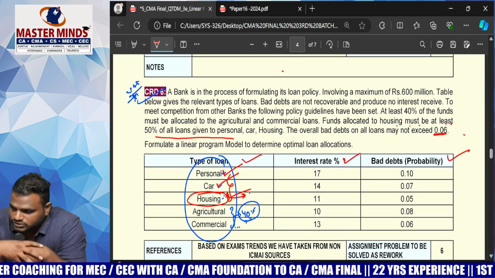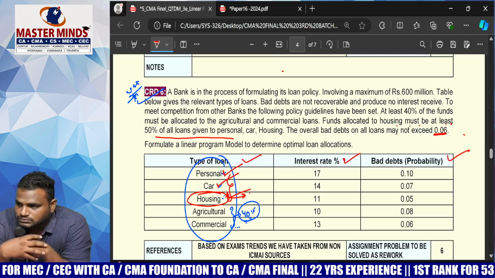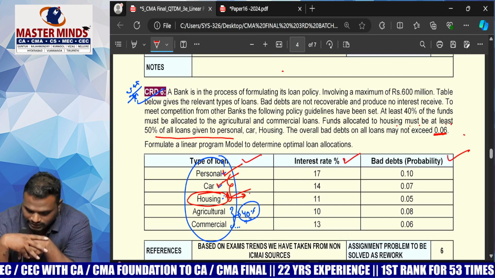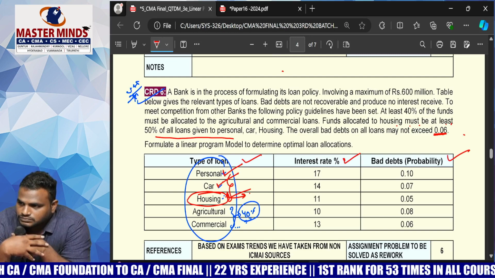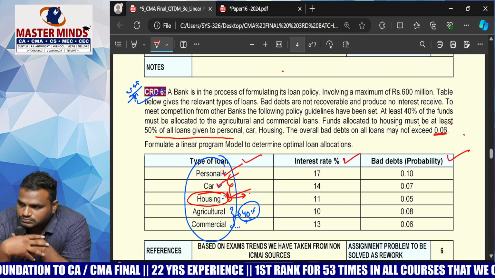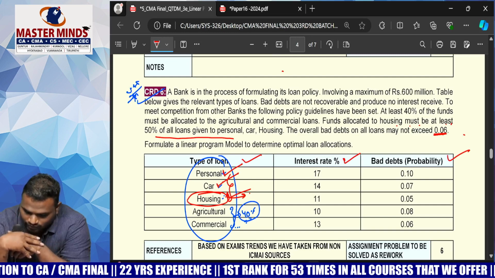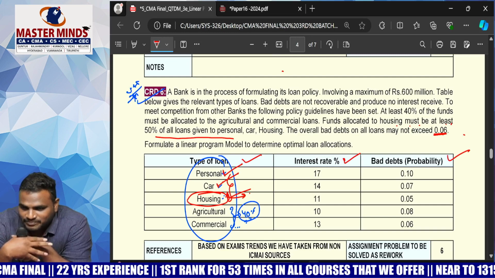Can I ask one question? What is the revenue, the interest income, from personal? Why are you taking 0.9 here? Now see here.